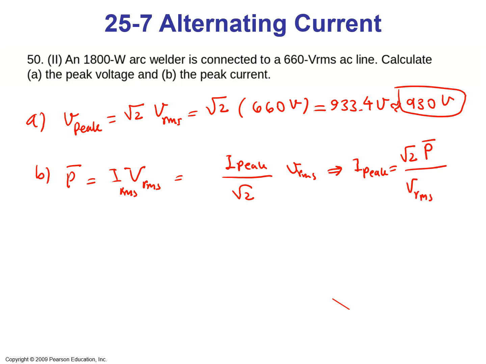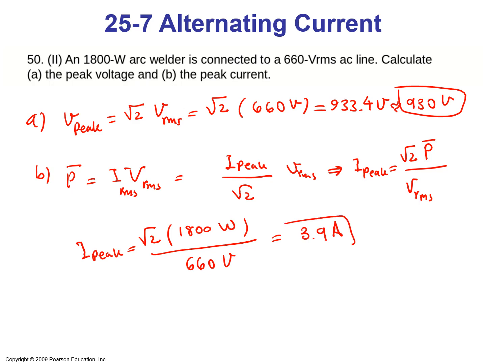Let's plug in the numbers. I peak is equal to square root 2 times 1800 watts divided by 660 volts. That equals 3.9 amperes as the peak current.